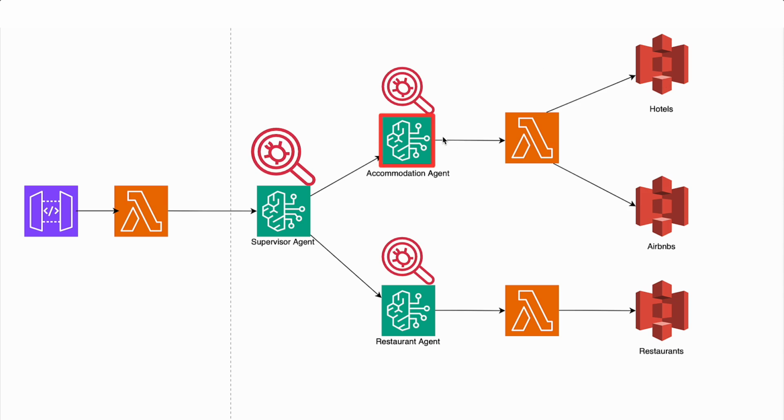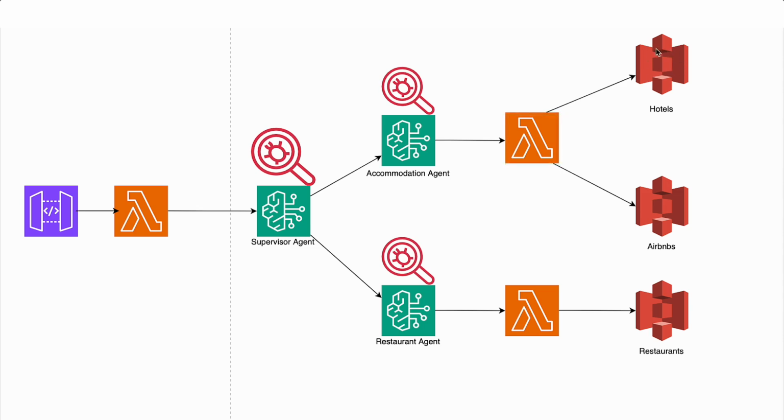And the accommodation agent is going to decide which one to invoke, whether the user wants hotels or whether the user wants to stay at an Airbnb. And the way that's going to work is, the supervisor agent passes all the information down to the accommodation agent, and the accommodation agent is going to call the appropriate function, whether the function should retrieve Airbnbs for us or whether it should retrieve hotels for us, okay?